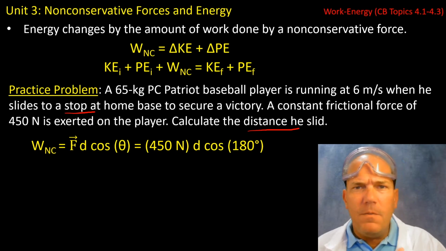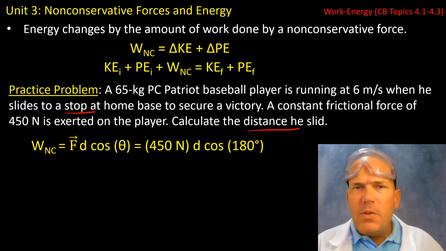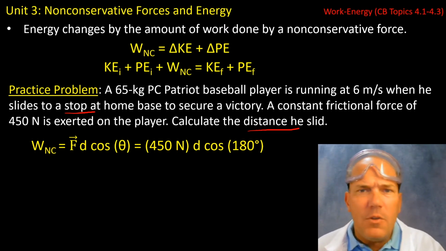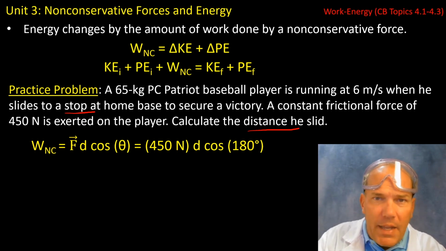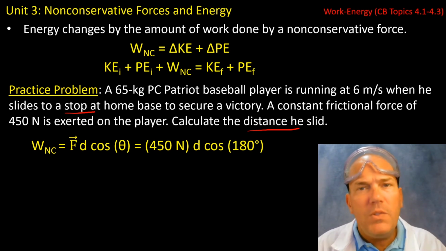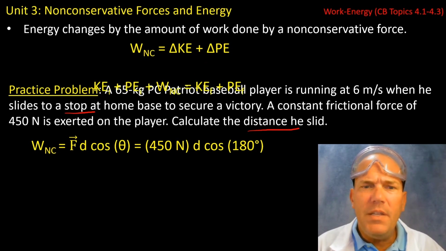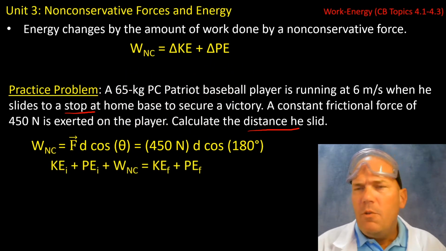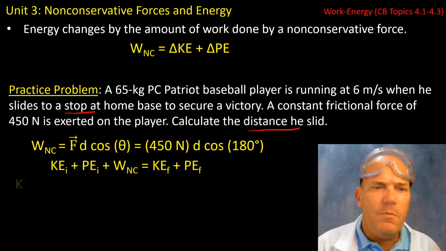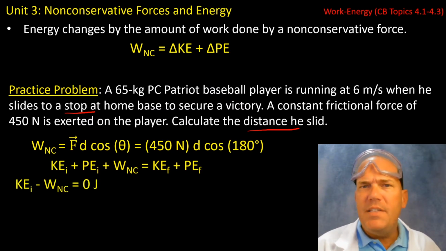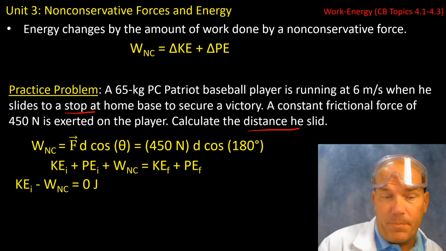This frictional force is actually anti-parallel to the motion. So that means that the angle between the force vector and the distance would be 180 degrees. And of course, cosine of 180 degrees is -1. So we're dealing with negative work, which simply makes sense. And we're going to see a decrease in the mechanical energy of this system.